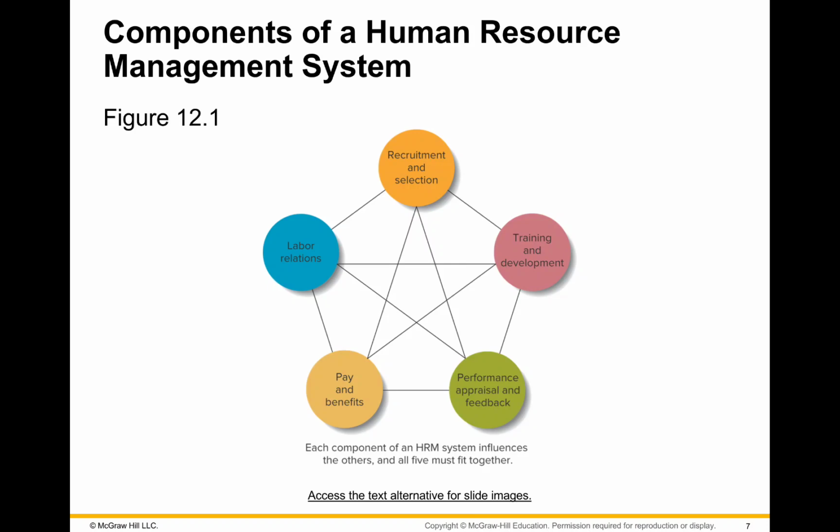All these 5 elements influence each other, so they are not working separately. Recruitment and selection influence training and development, which influences the appraisal and feedback, how the organisation provides pay and benefits to the employees, and also the relation with the union.